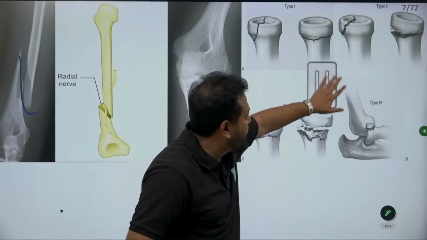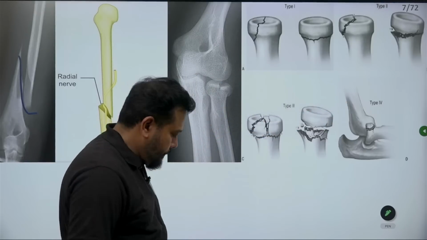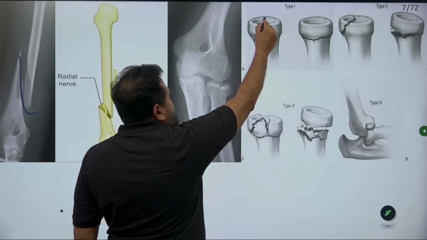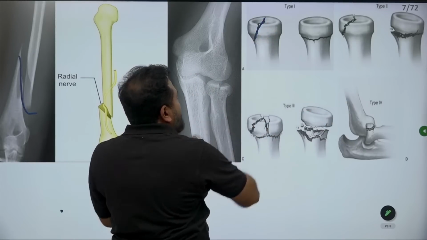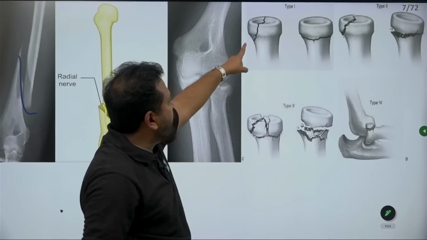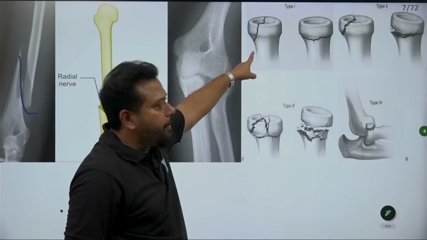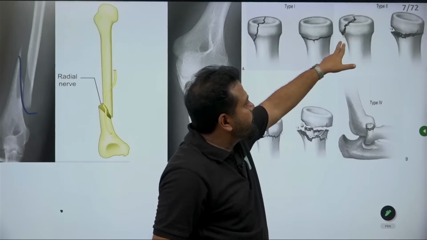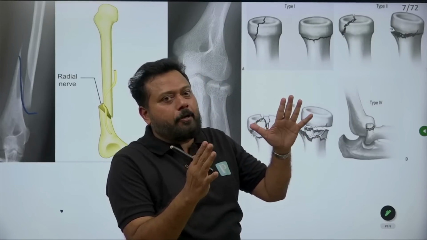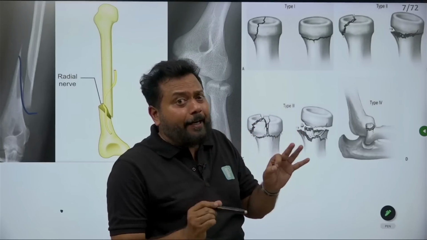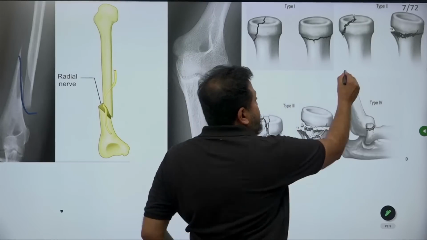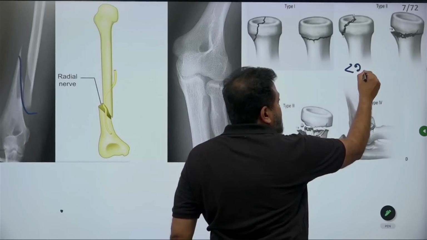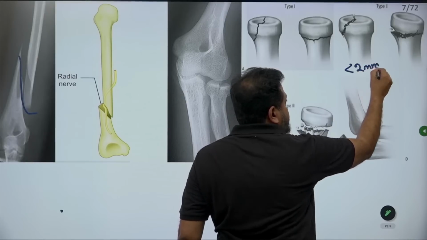Very simple, man. See, type 1, just a single split fracture, that too undisplaced. Then it is type 1. Type 2, single split fracture which is displaced, intraarticular. What is the criterion to say it is displaced? Displacement means more than 2 millimeter gap.